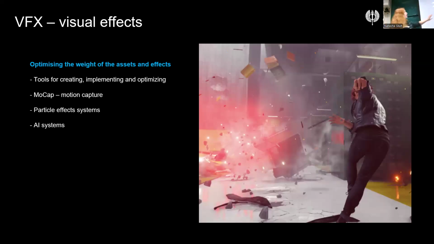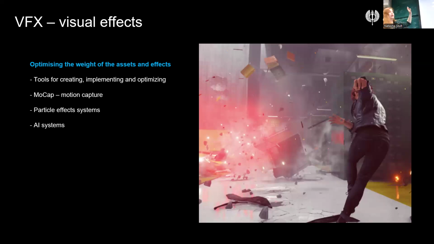This is also where AI systems are in place. How things would behave is its own AI system in the game, which follows how all these systems should be interacting with each other.